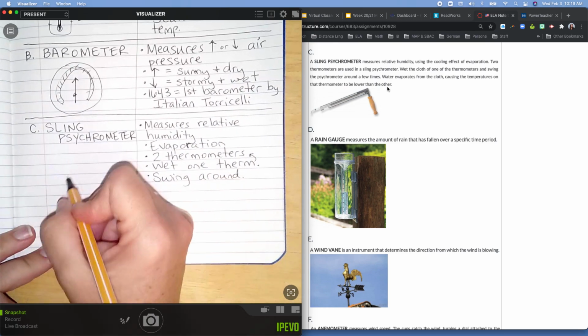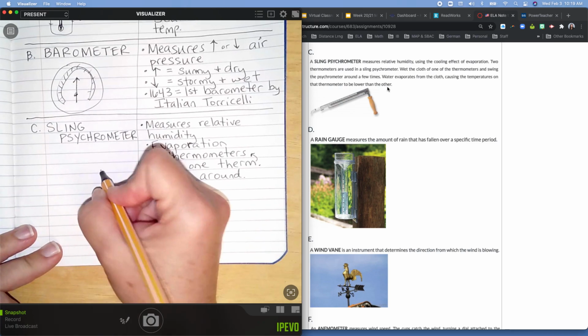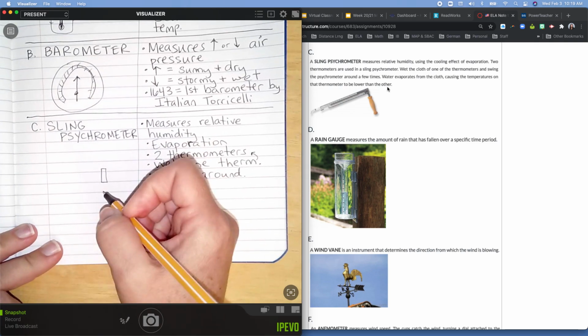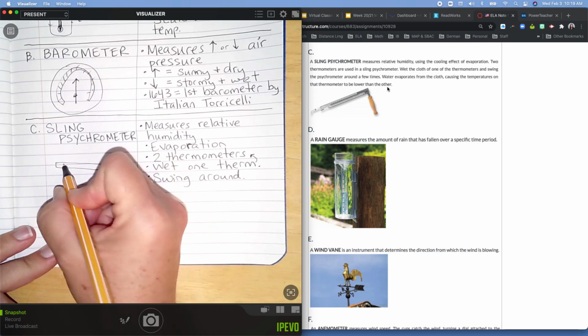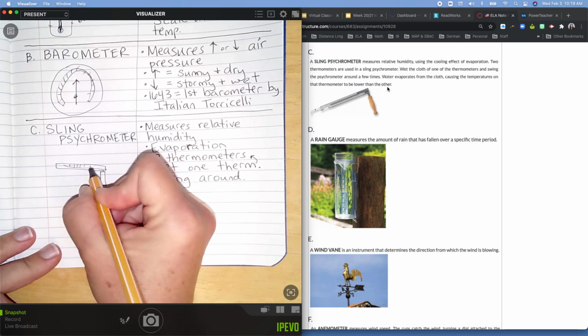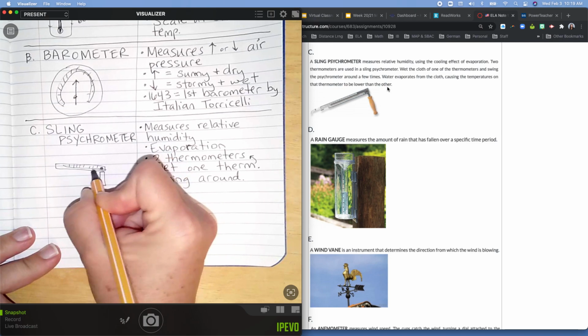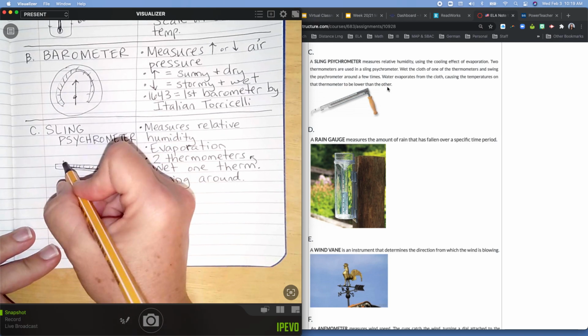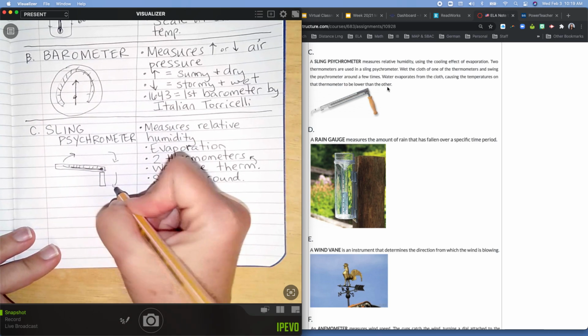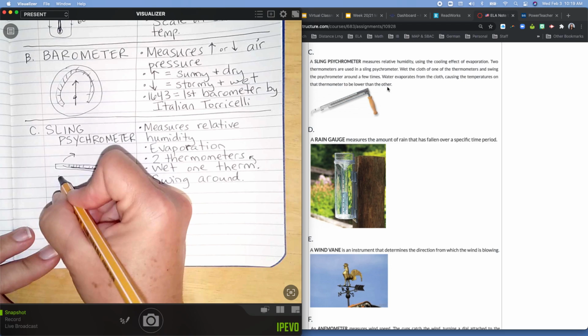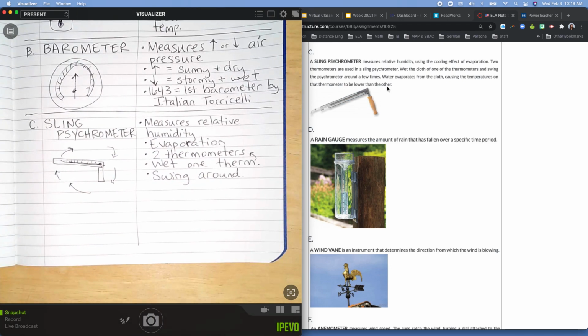Okay, so I'm going to draw this one. It's a little tricky. Looks like there's like a little handle. It almost looks like an L. And then that looks like it's the thermometer there. Right? And then I'm going to put a little arrow because when you swing it around, I'm imagining it going around in a circle. Okay?